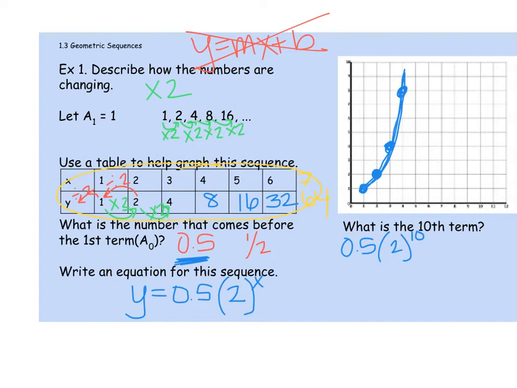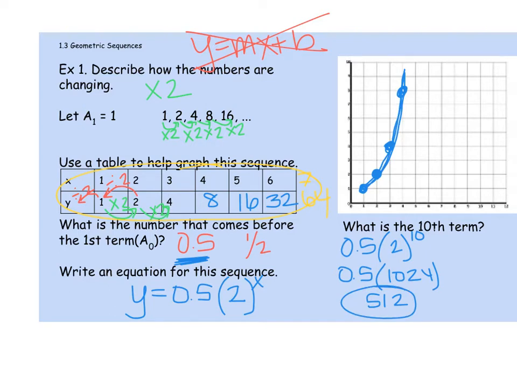You do not do that. You want to do 2 to the power of 10, okay? Remember PEMDAS? Parentheses and exponents come before multiplication. So 2 to the power of 10 is 1,024. And then you can multiply that by 0.5. It would be 512. Okay, the 10th term is 512.